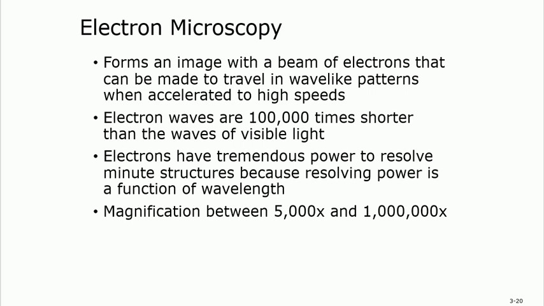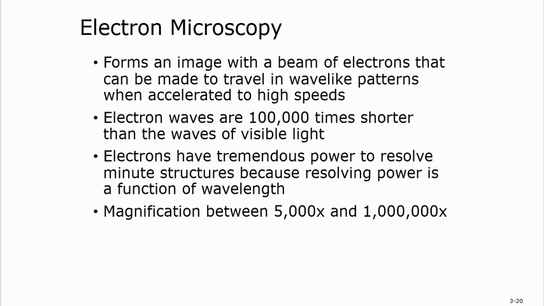Do you remember that we said the shorter the wavelength, the better the resolution? So this is extremely short. So you can see very small objects, the tiniest things that you can't see with a light microscope. And the minimal magnification for that is 5,000 times. What was the minimal for the light microscope? 40. The minimum here is 5,000, and it can go up to 1,000,000.